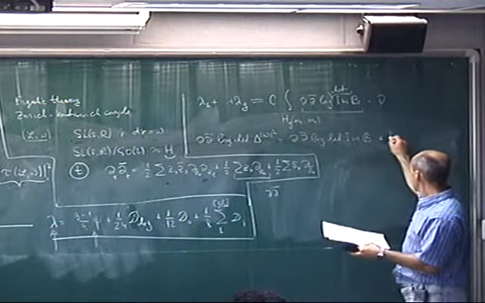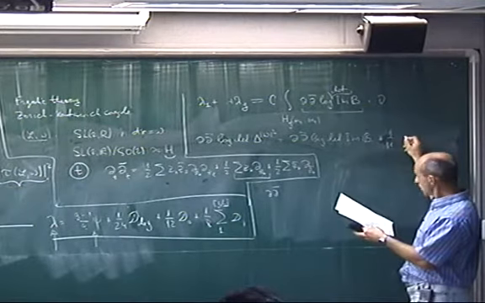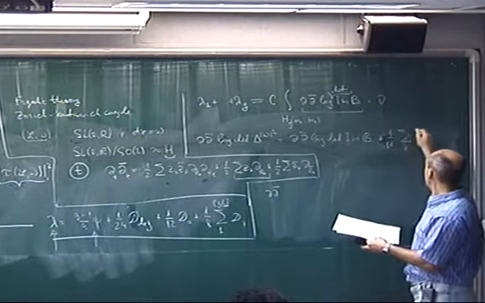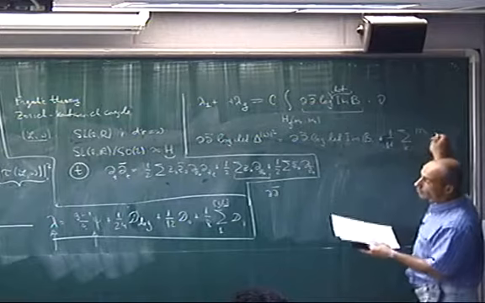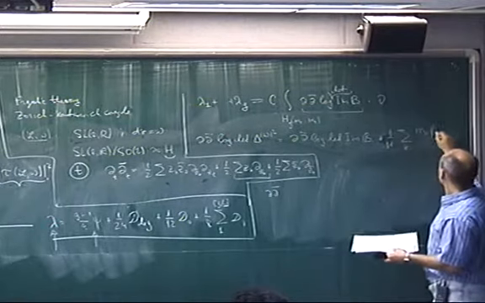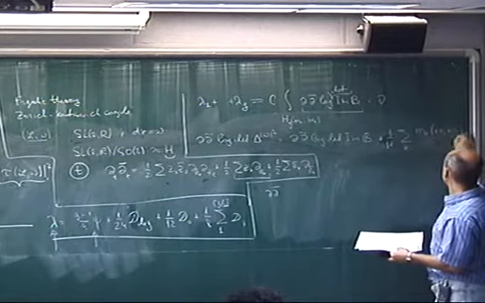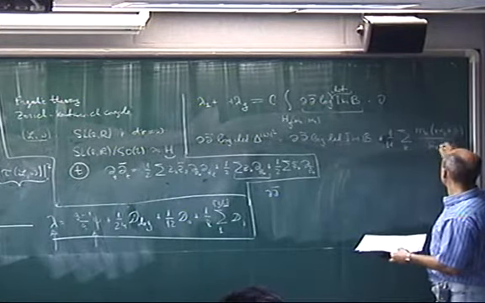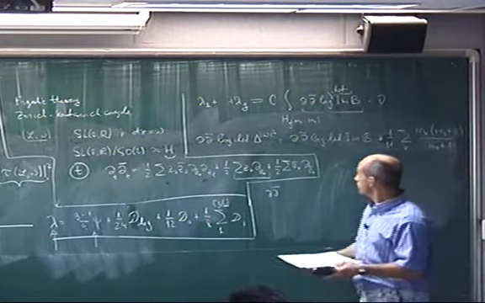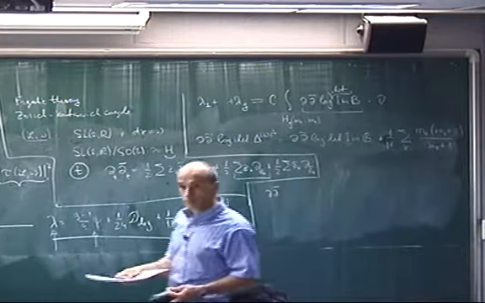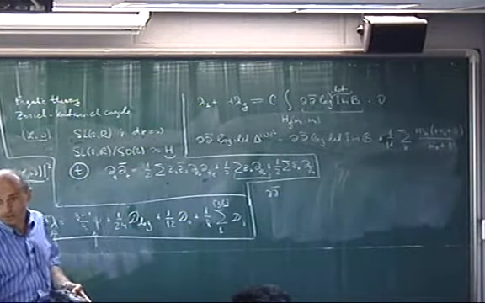So plus 1/12 sum over k of mk plus 2 divided by mk plus 1.